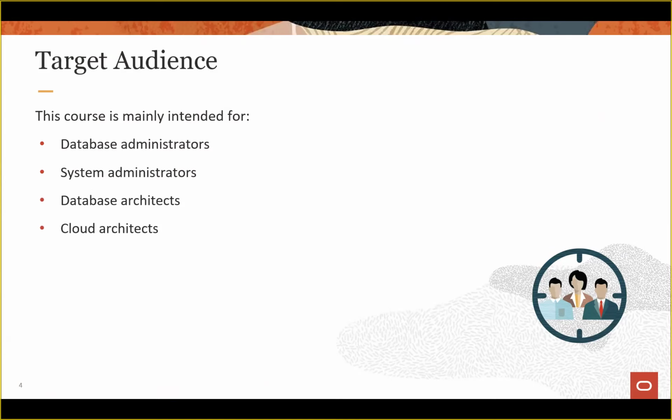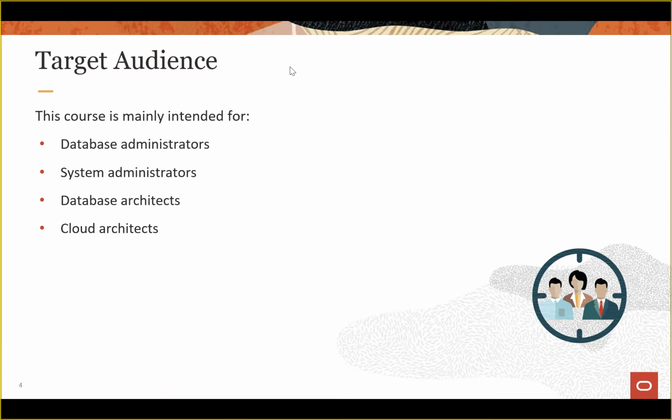This course can be attended by database architects as well. Any good architect who wants to become a professional architect, enterprise-level architect, or data architect must attend this course. That will give them a clear picture of the Oracle database and how we can manage it over the cloud platform.